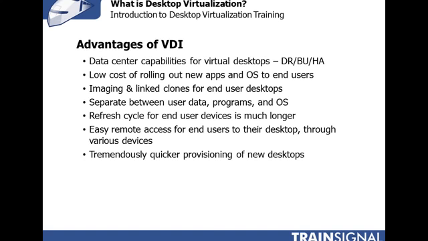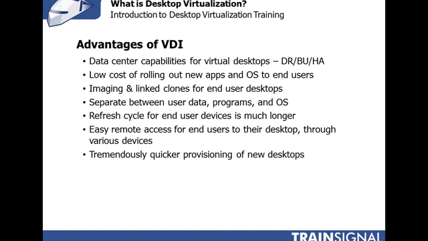You'll get a low cost of rolling out new applications and operating systems to end users. So you can very quickly test out applications because the end users can test them side by side. And then once the end user feels comfortable, you can just change the executable from one app to the other app because the application's been virtualized. Same thing with the operating systems. You could have an end user test a new operating system with their applications.